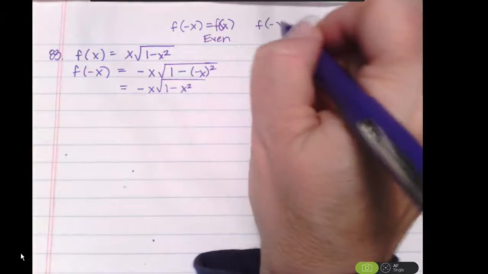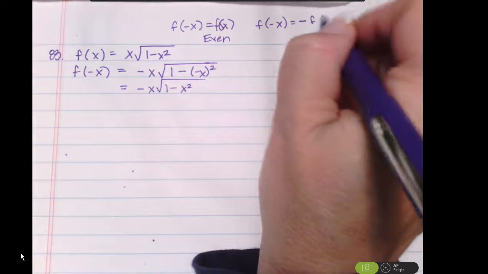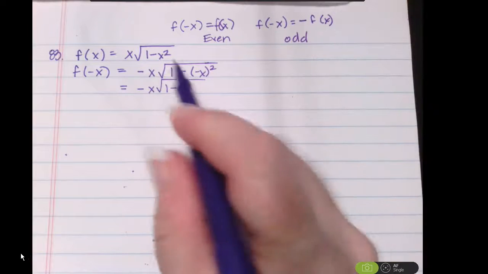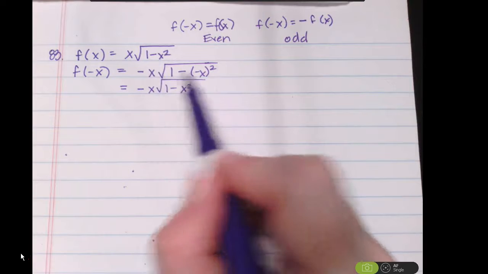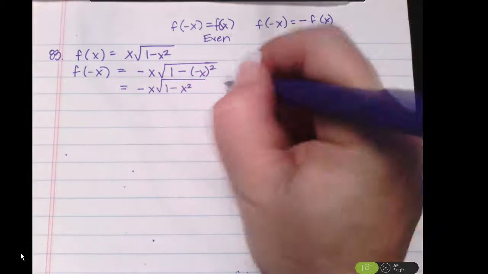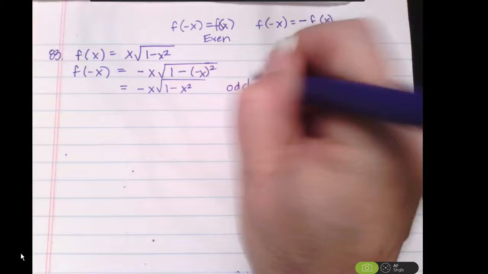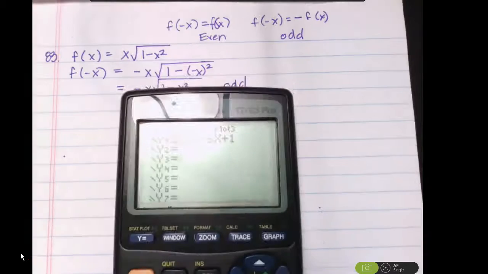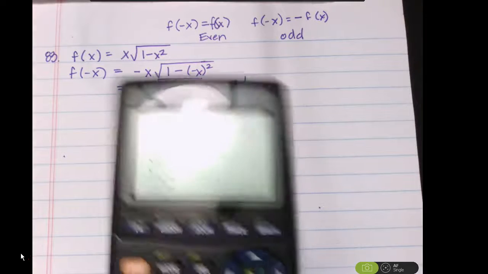Is f of negative x equal to negative f of x, which means it's odd. And so what I see here is that this is equal to negative f of x. So I'm going to say this is odd. That's my prediction algebraically.